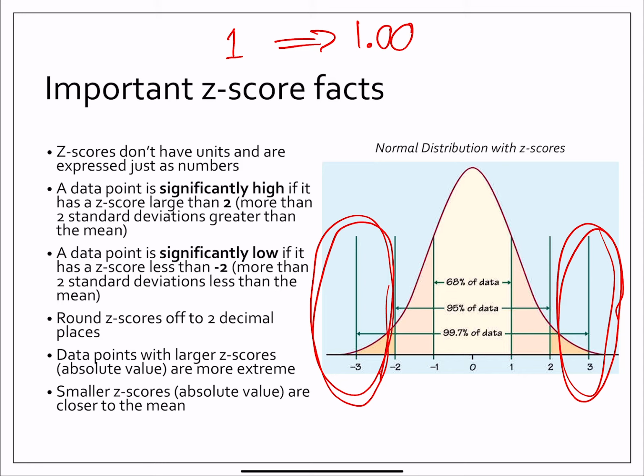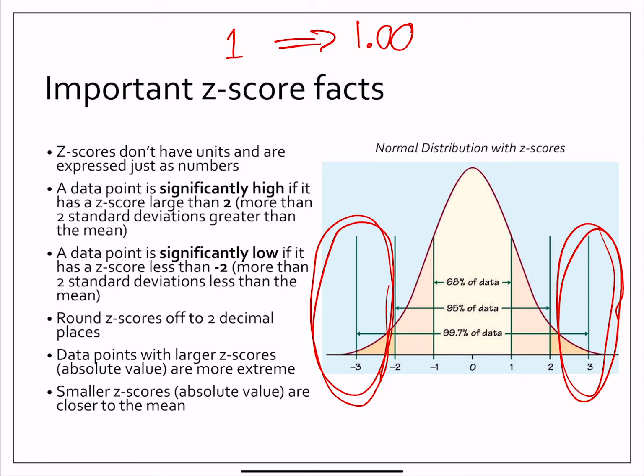Right? And if we have a very, very large z-score, that's going to be a data value that's more extreme. And again, that's just looking at the number, not the sign. Hermila, I'll take it back to our height example. If I told you that somebody's height had a z-score of 5, what would you know about that person's height?